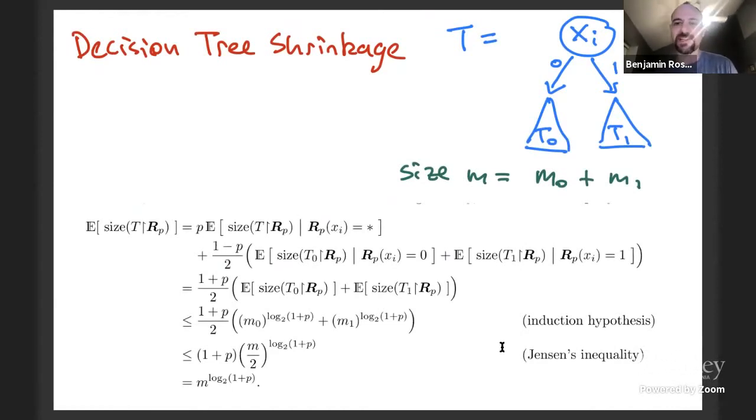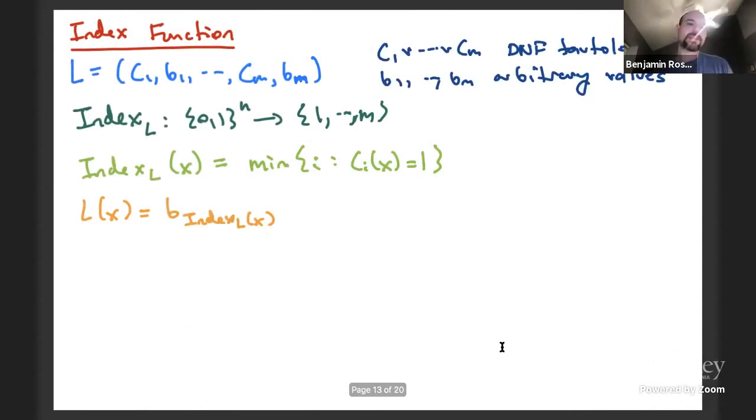As I mentioned, the result for decision trees is a very simple proof by induction, which you can read on the slide. Our result for decision lists is based on the index function associated with a decision list, and in particular on the entropy of this index function under a uniform random point in the hypercube.